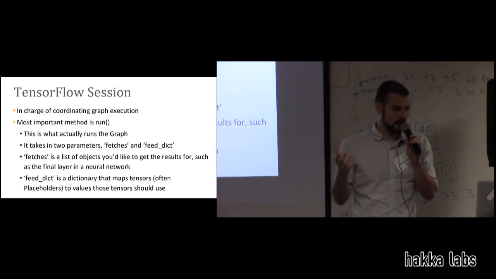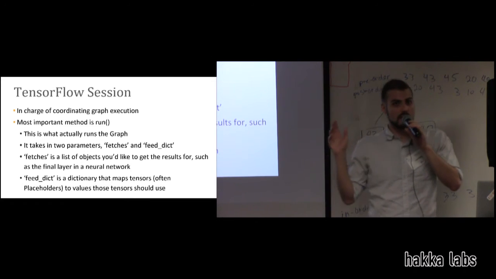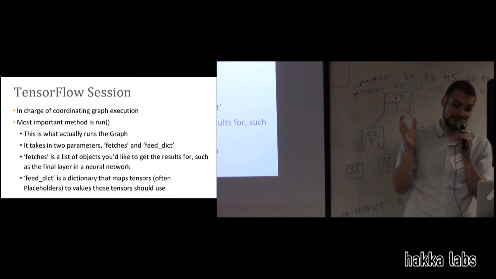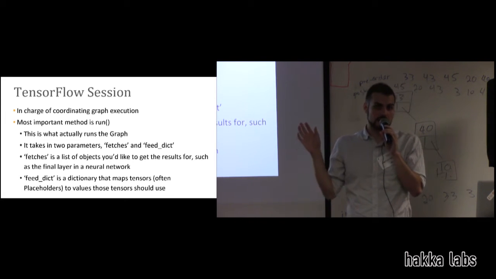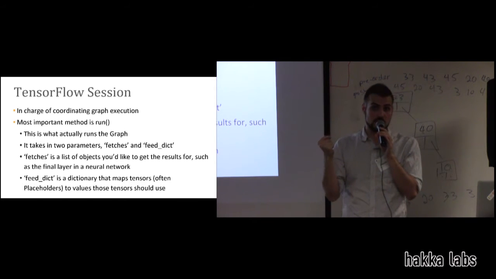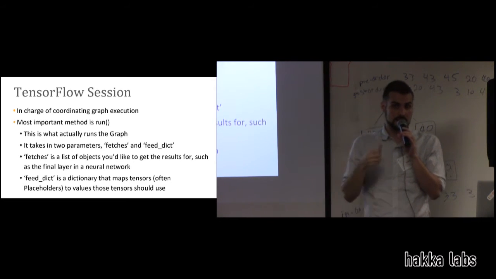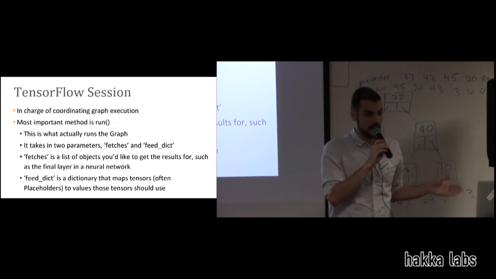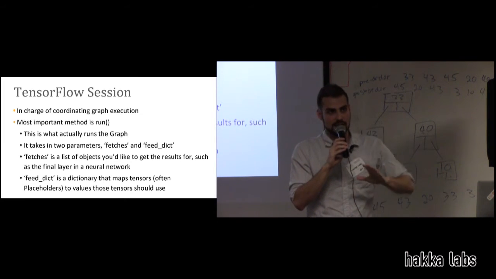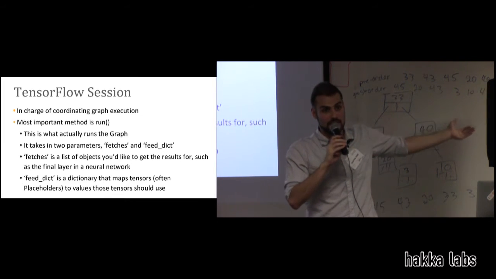Basically, you give it a dictionary, that's what the dict part is, where the key that you pass into it is the handle to the node that you want to give the input value to. You give it the handle to your placeholder node, and then the value in the dictionary is the tensor value that you want to give it, right?